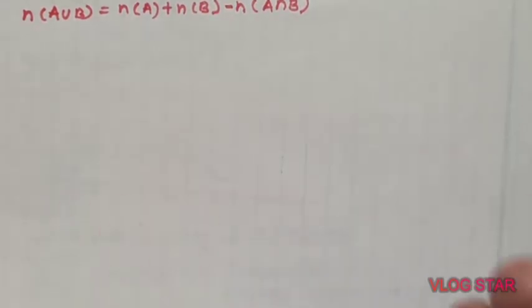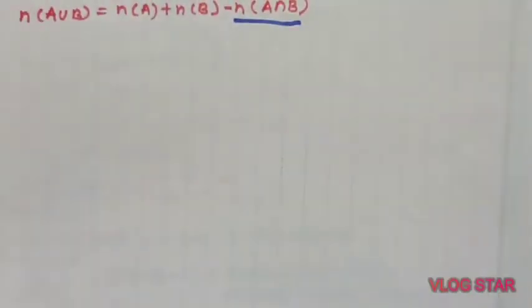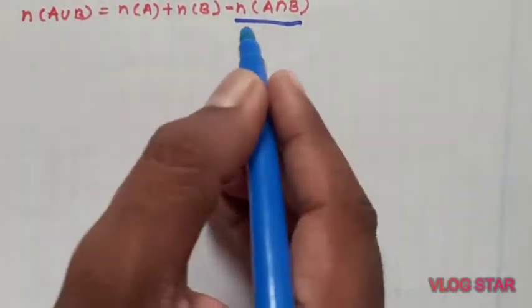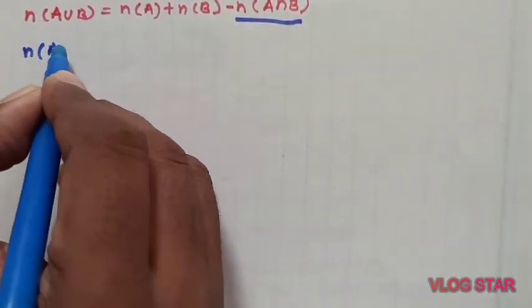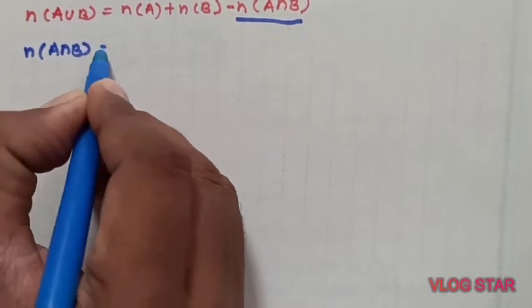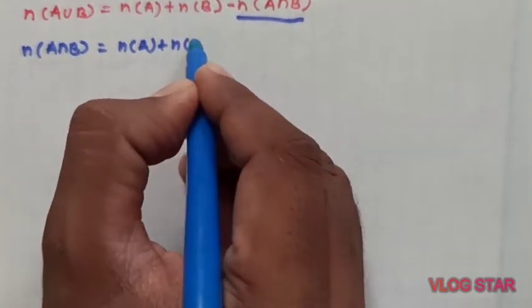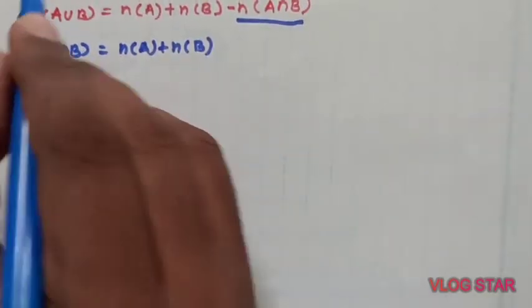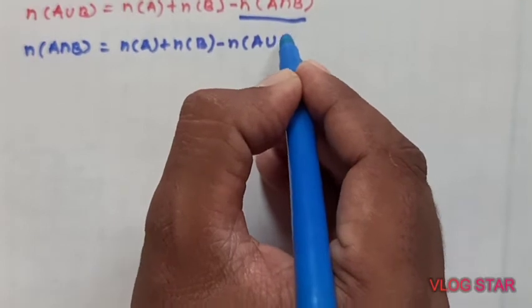So what we'll do, I want the number of elements in the intersection. How many elements are common in the given two sets? So I will shift this term to the left side, so the number of elements in A intersection B is equal to the number of elements in A plus the number of elements in B, and the union transferred to that side, minus the number of elements in A union B.